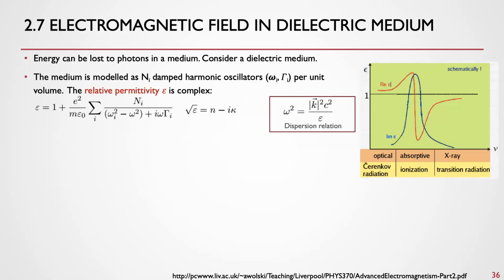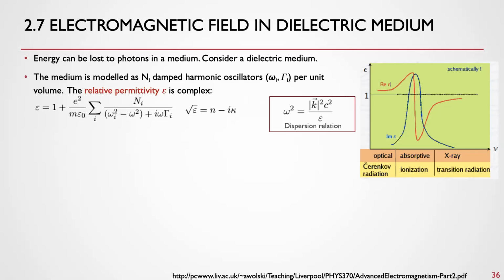Good. Now we change topic again. Of course, the study of interaction of particles with matter is a collection of physics that you may have learned or that you should have learned in the introductory courses or the first half of your studies. We now talk about the electromagnetic field in a dielectric medium.